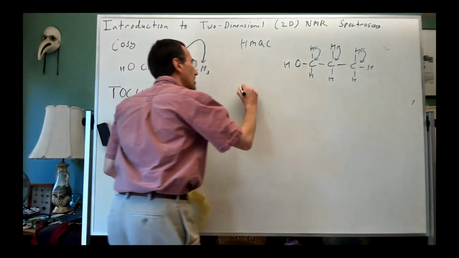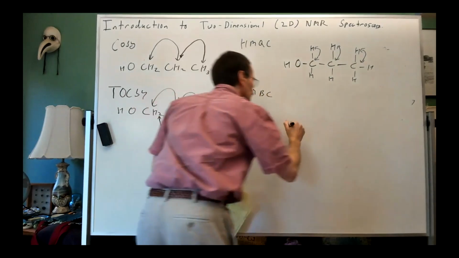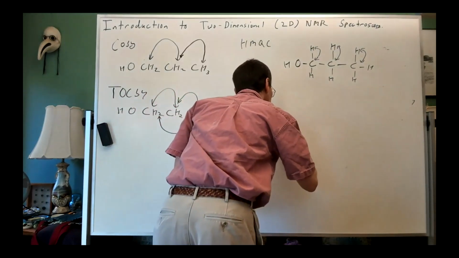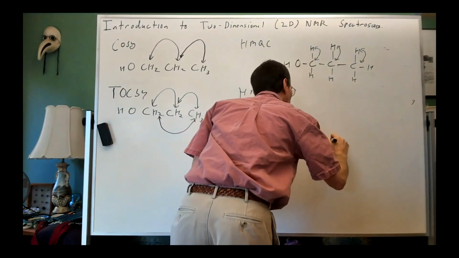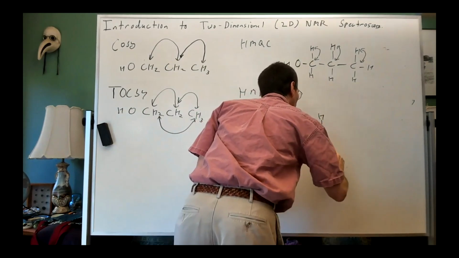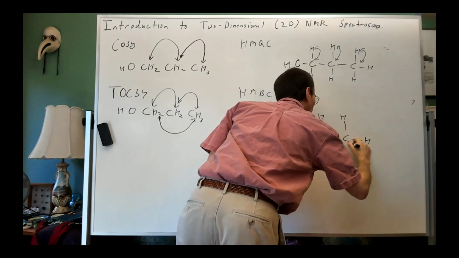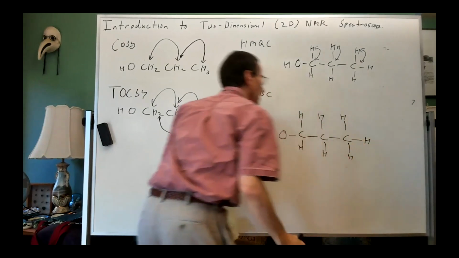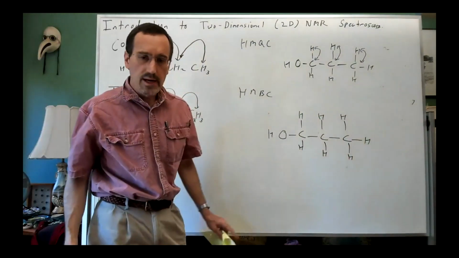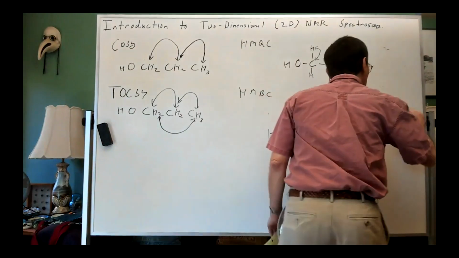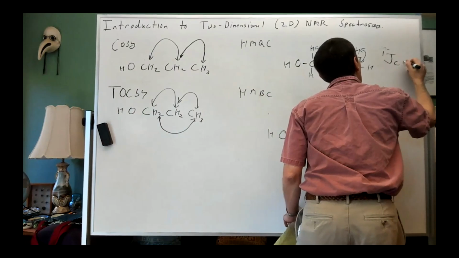And for HMBC, I'll give the same diagram, but say now what we're going to be doing is we're going to be picking up J2CH. So this is effectively picking up J1CH.